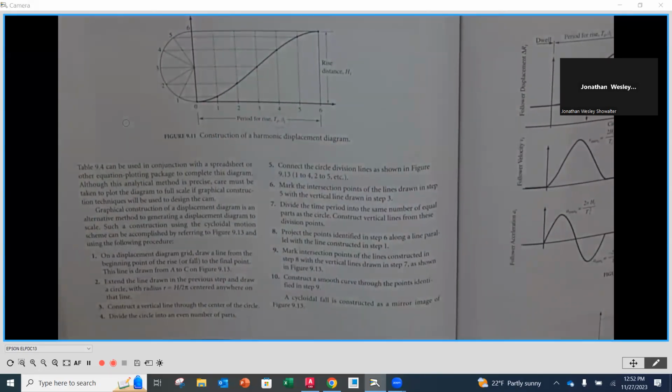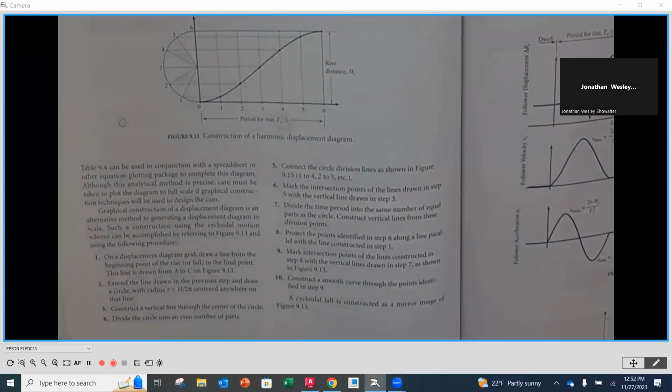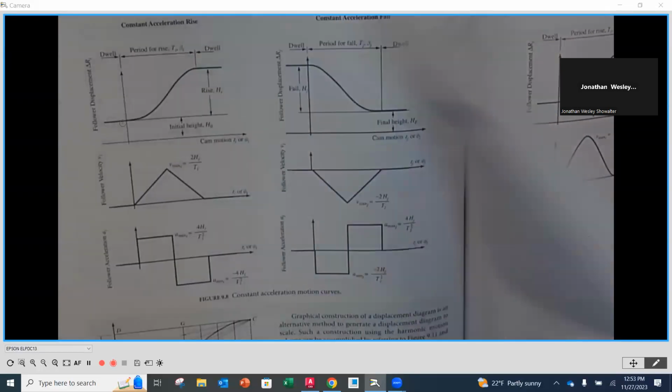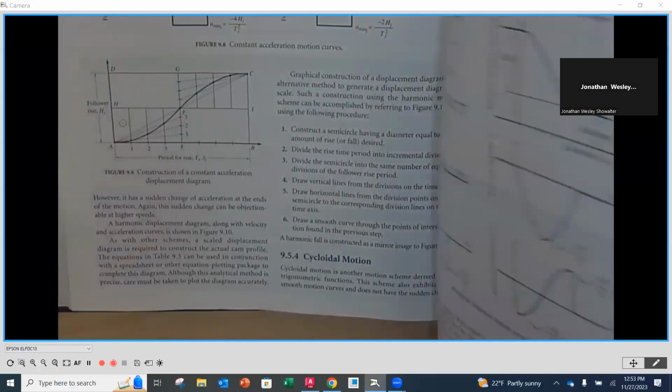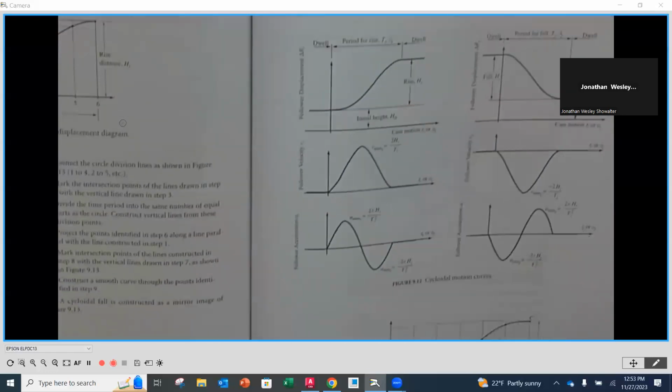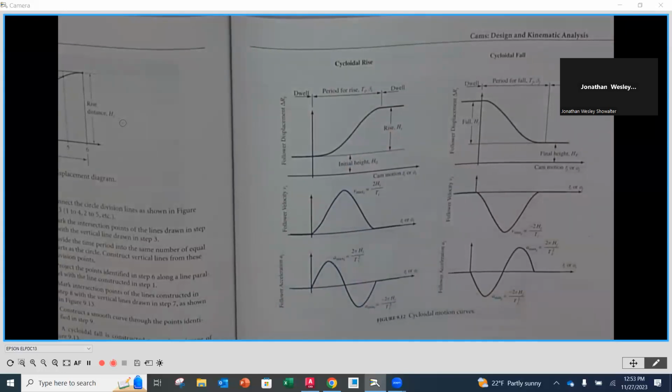So that's how you would construct that along the displacement diagram side of things. And then it would just be the mirror image on the fall side. So that's harmonic motion. Then the last type of motion that we have is called cycloidal. As we look at the curves for that, the displacement curve doesn't look all that different.